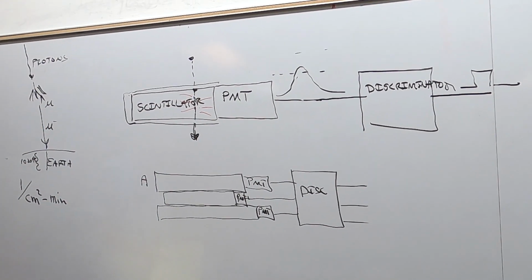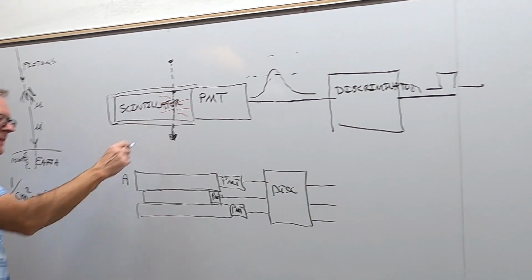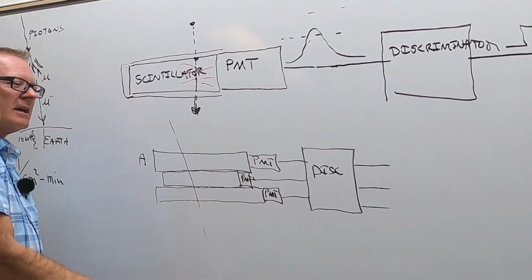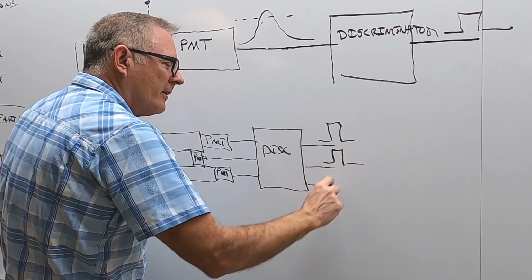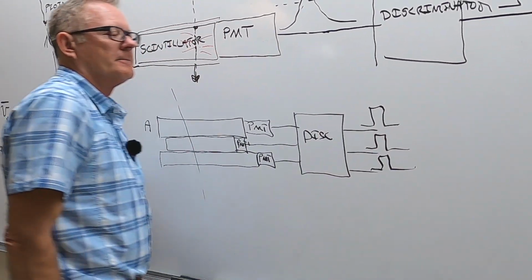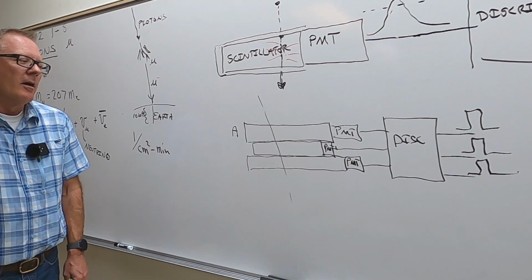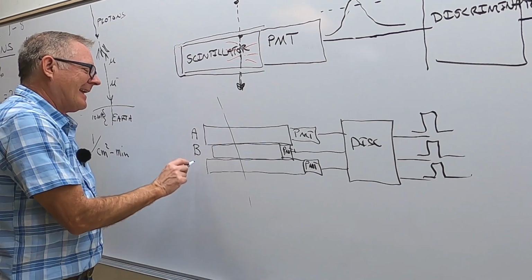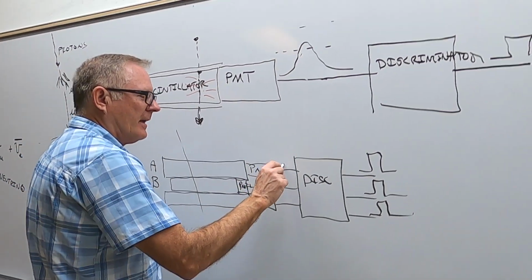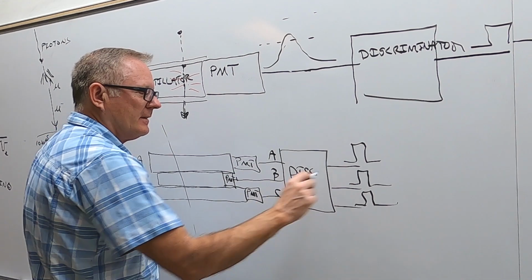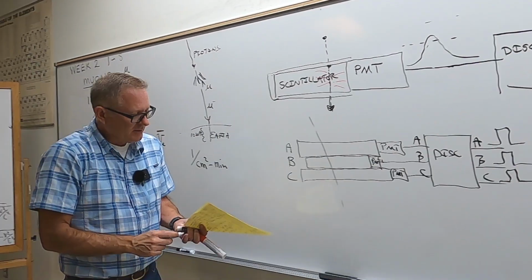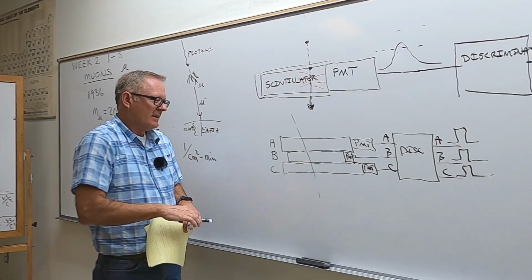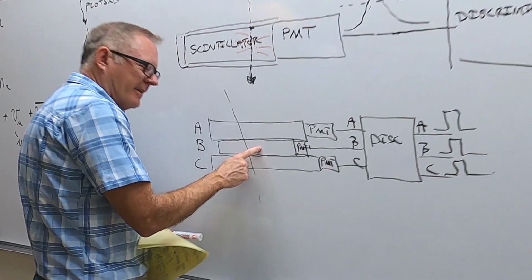So now, if a muon goes through, I get a pulse here, I would get a pulse here, and I would get a pulse there. Out of both A, B, and C. So this is going to be my A, my B, and my C. Now what I want to do is I want ones that will stop here.